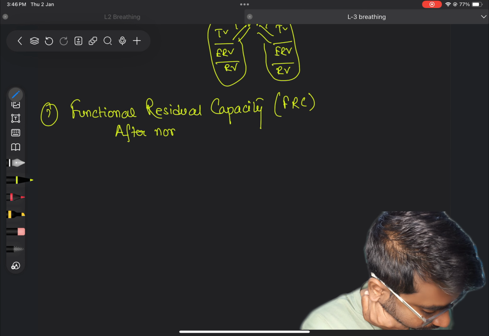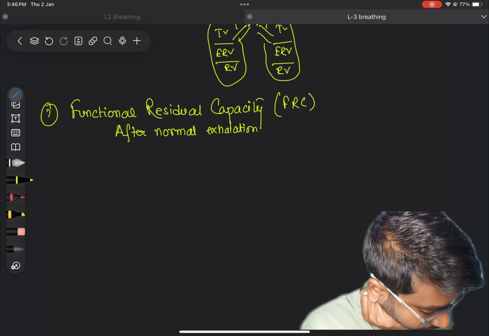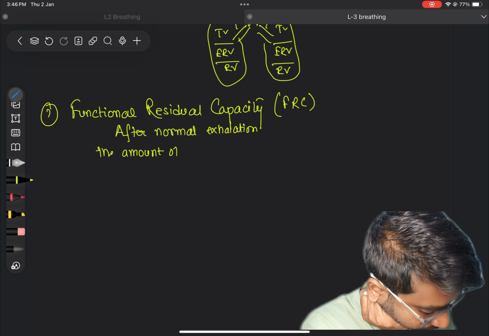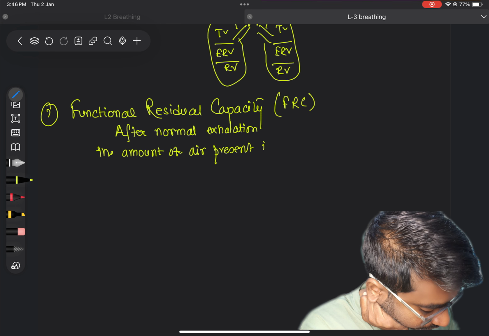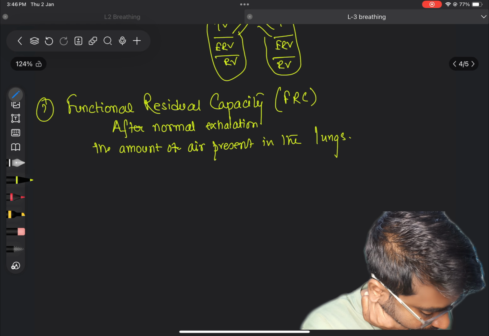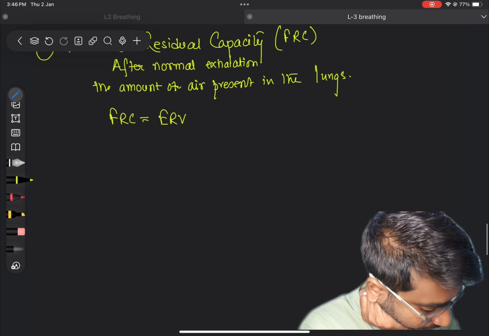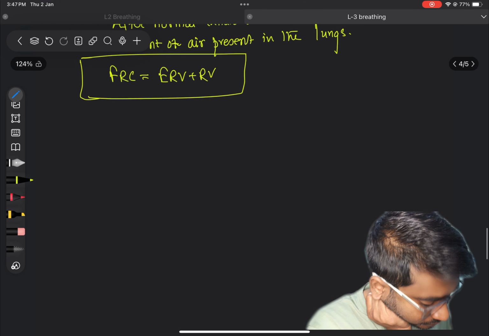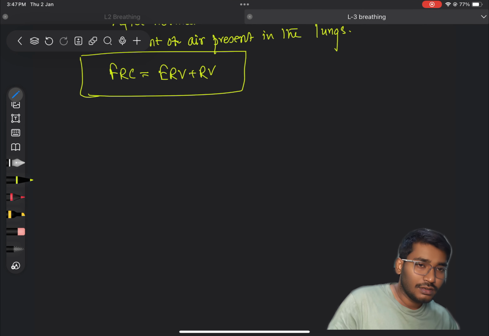After normal exhalation, the amount of air present in the lungs. Therefore, FRC equals ERV plus RV.